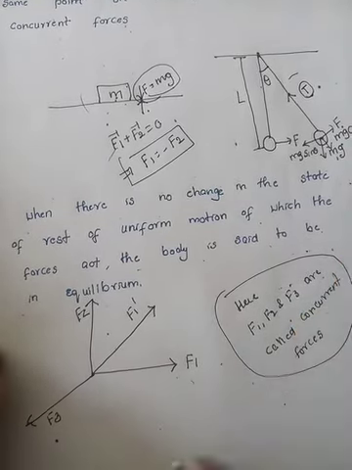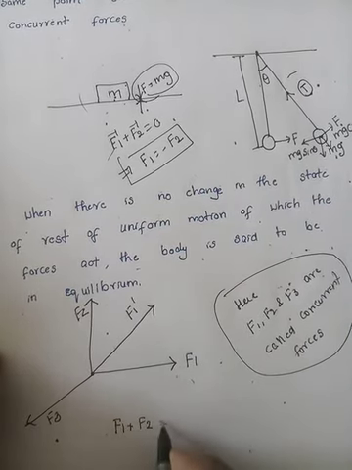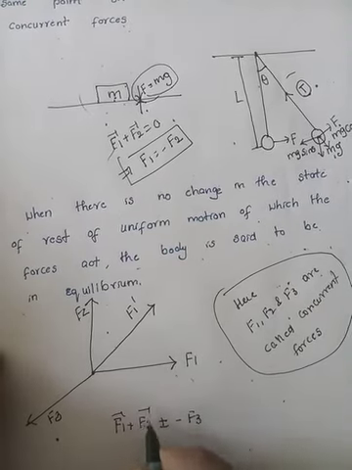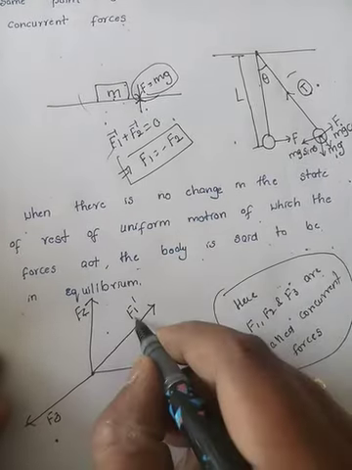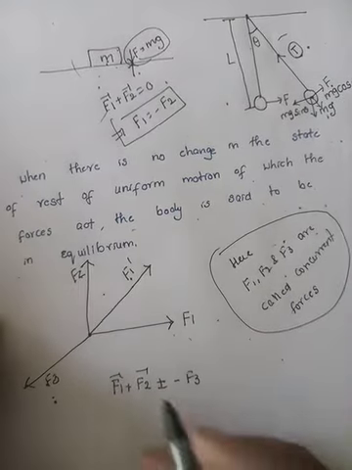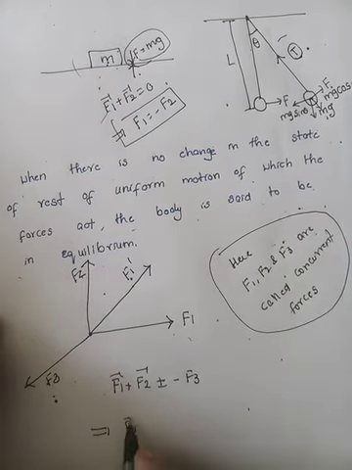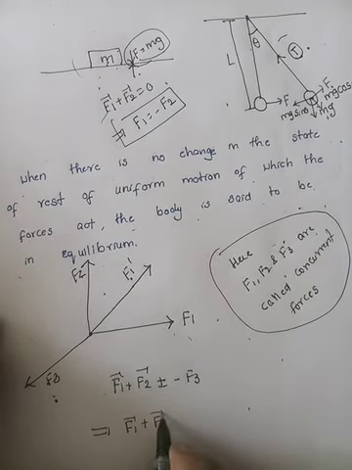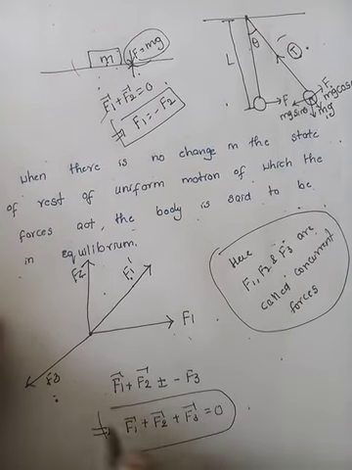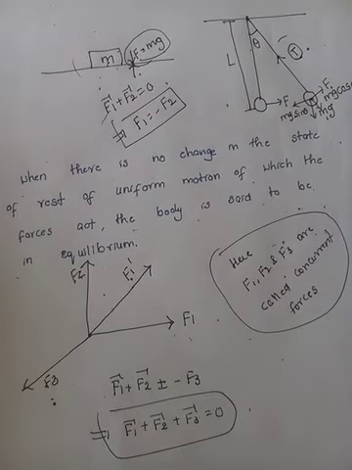That means F1 plus F2 equals minus F3. If the resultant of these two forces equals minus F3, then the net force acting is 0. From this we can write F1 bar plus F2 bar plus F3 bar equals 0. So we can define the equilibrium as what?